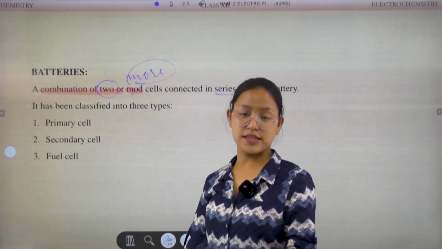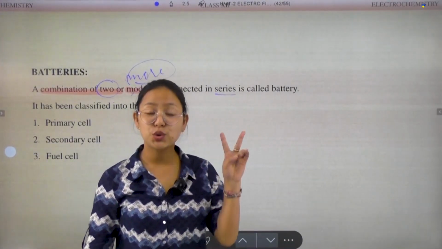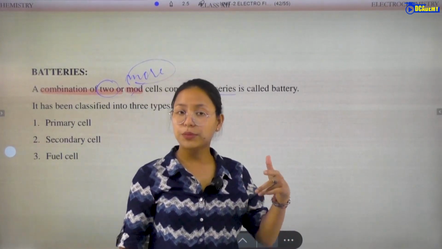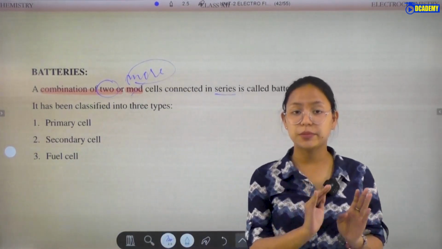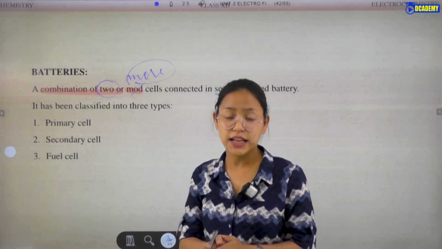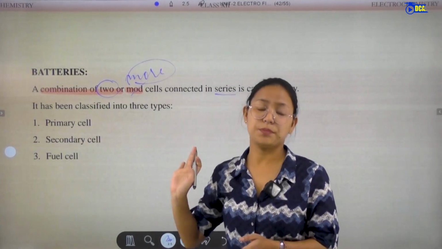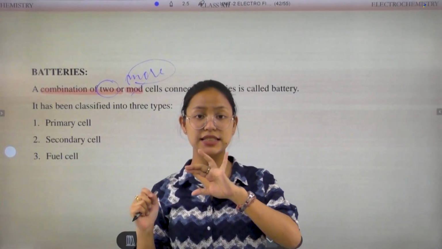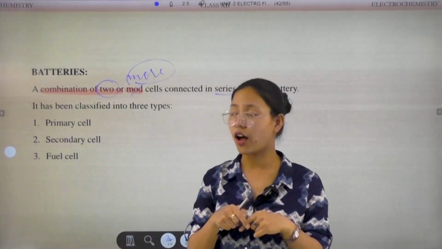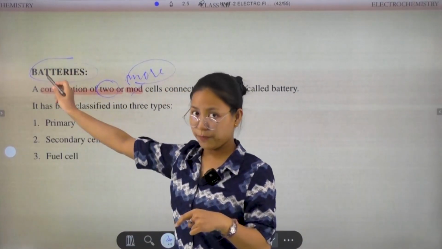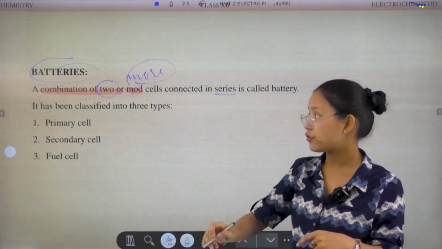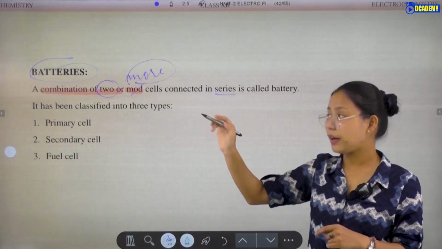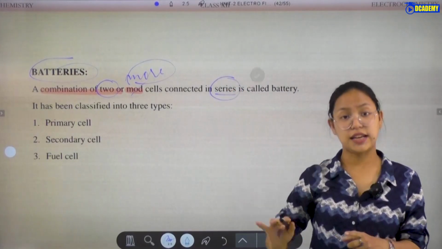We have studied in physics that there may be two types of combination: one may be the series combination, another may be the parallel combination. So this battery is the combination of two or more cells that are combined in series connection.